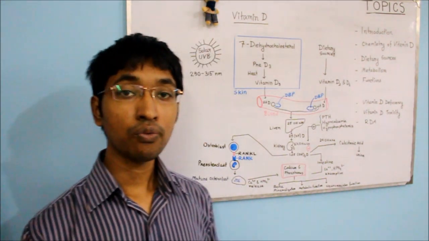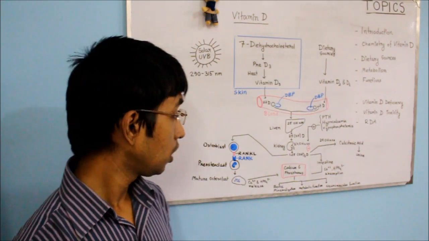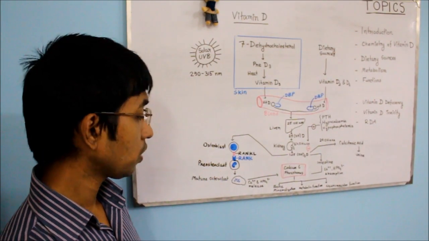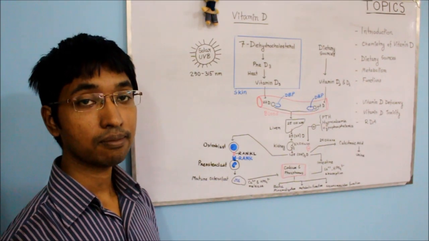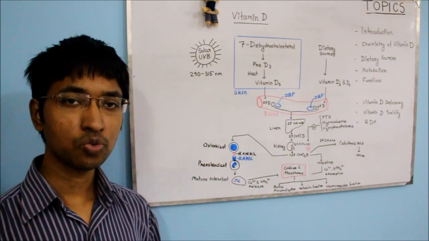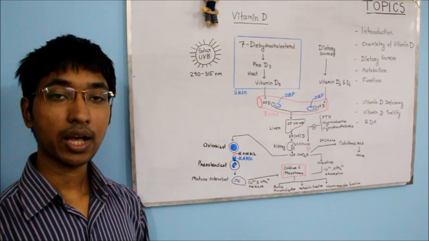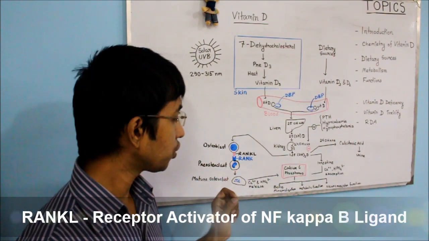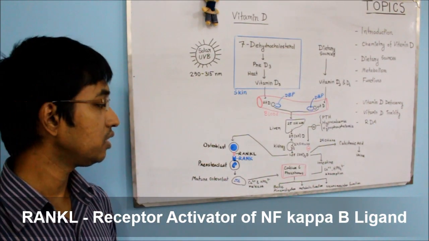So what will be the role of vitamin D on bones? And to explain that, you can see that I have drawn some osteoblast, pre-osteoclast and mature osteoclast in the corner of the board. So let's now talk about this part of the diagram. Now, activated vitamin D as well as parathyroid hormone will enhance the expression of RANKL on osteoblast. Now, what is RANKL? It means receptor activator of nuclear factor kappa B ligand.